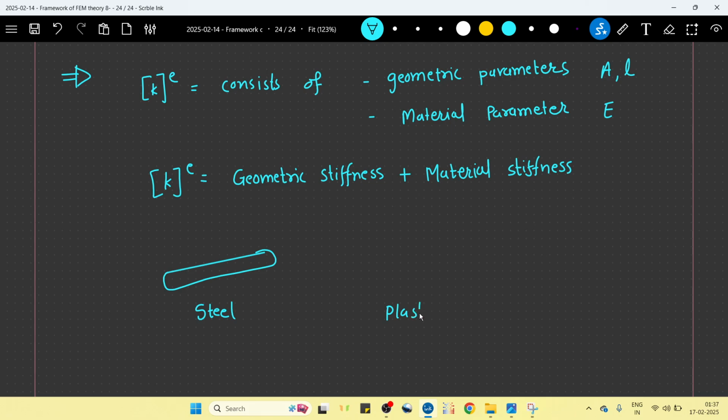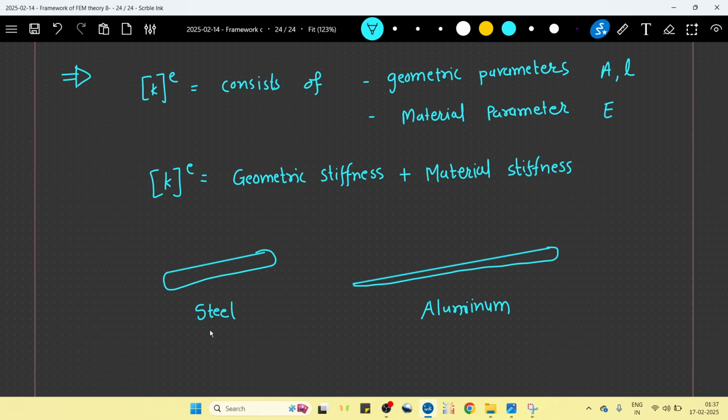Let's take another structure of aluminium.